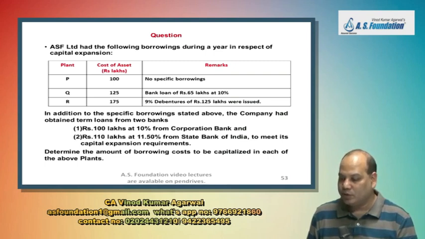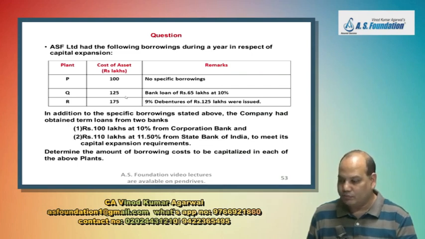Whenever there is a specific borrowing, from the total expenditure incurred, first deduct the specific borrowing. The remaining amount you will assume is out of general borrowing. Similarly, 175 is R, but out of this, 9% debentures of 125 lakh were issued.